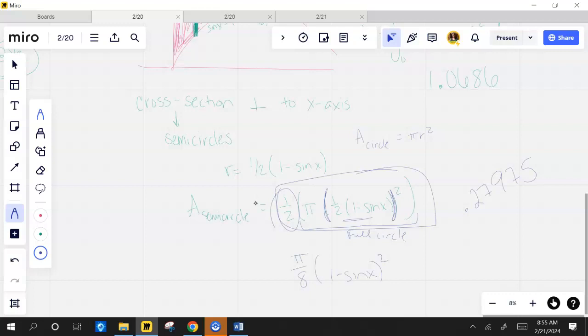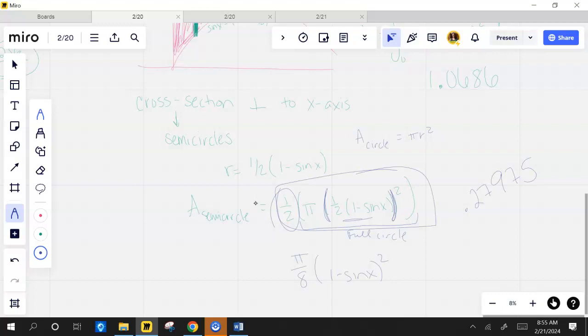That might be easy. I'm going to put parentheses around this pi over 2.